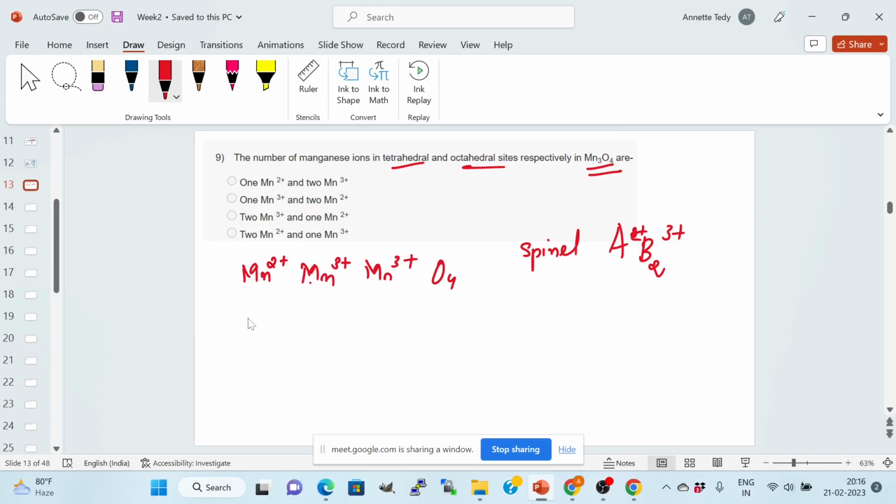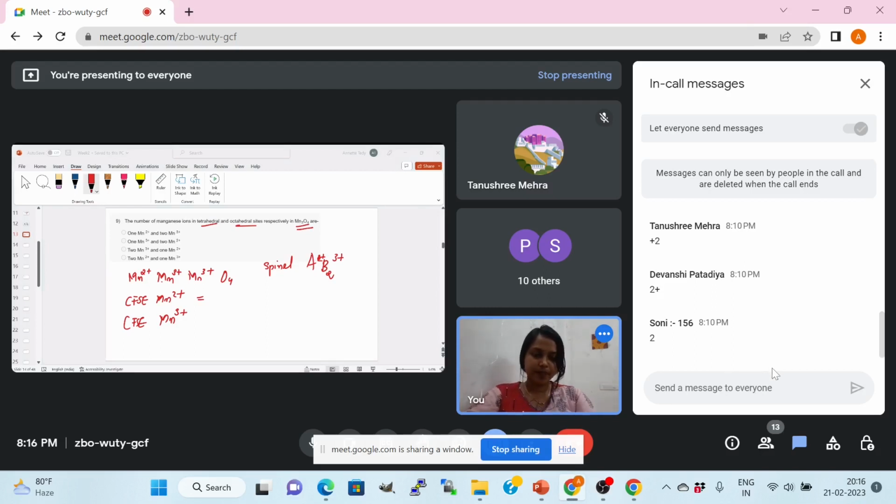Now we will calculate the CFSE for Mn2 plus and CFSE for Mn3 plus. Can you please solve what will be the CFSE for Mn2 plus in the chat box?